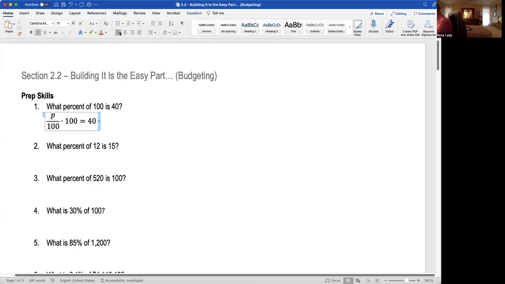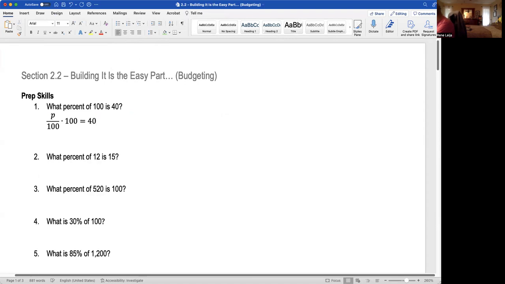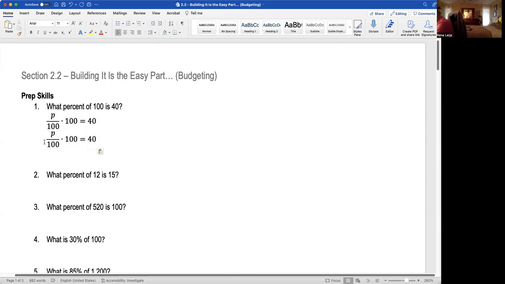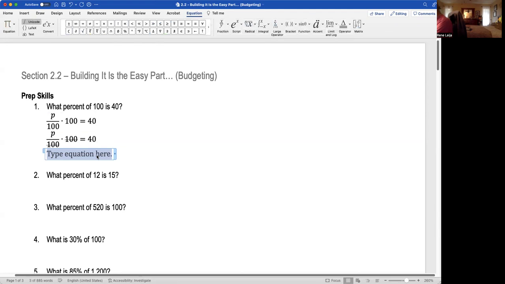All right. So there's our equation. Now we're going to solve this. So let me copy and paste. So I know that this and this are going to reduce. And so the only thing that I'm left with is P will equal 40.